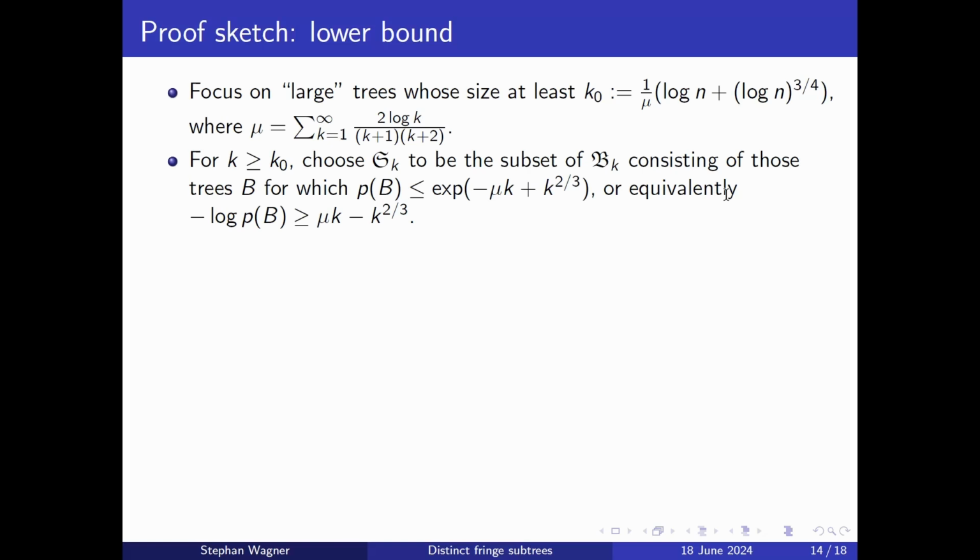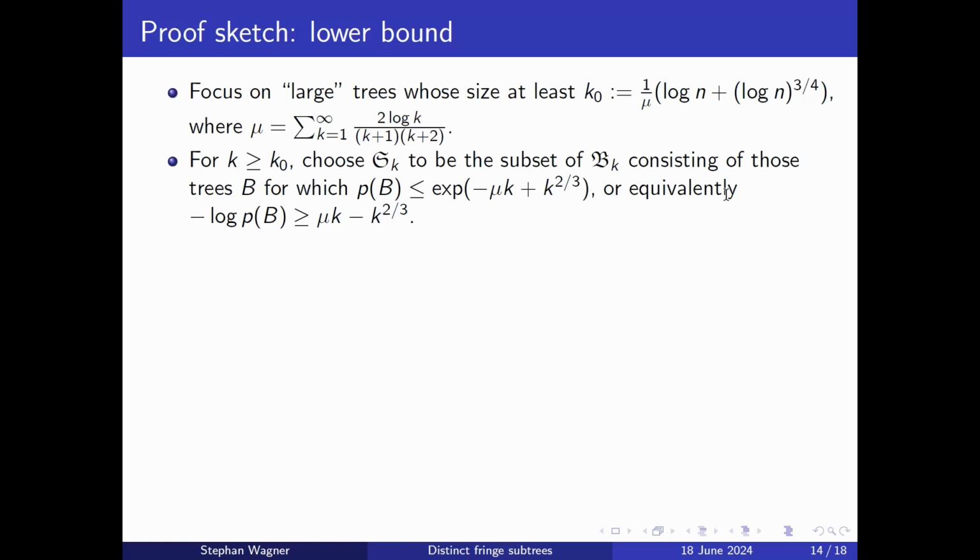So it's those trees where the quantity p of b is greater than or equal to the mean minus a little bit.